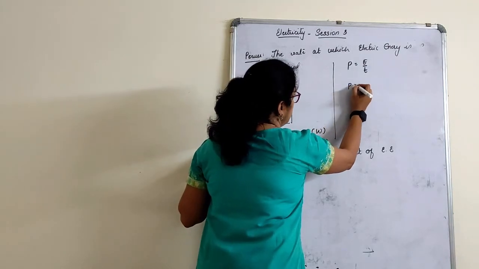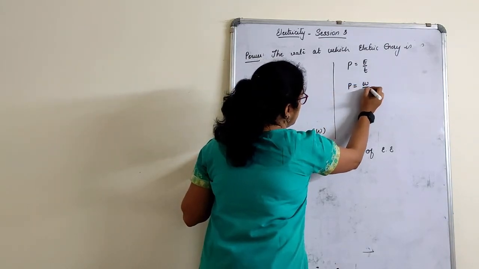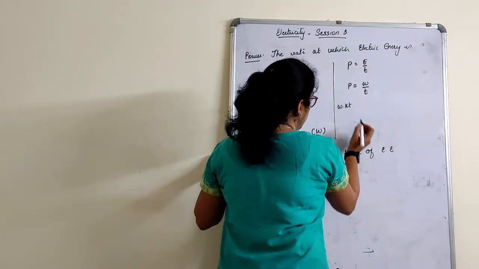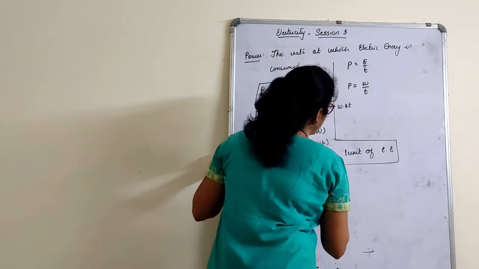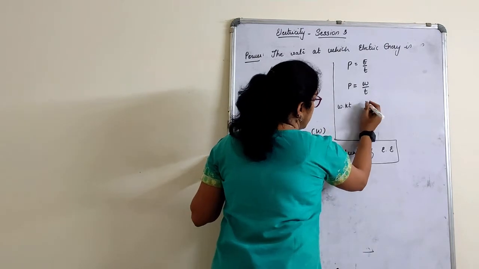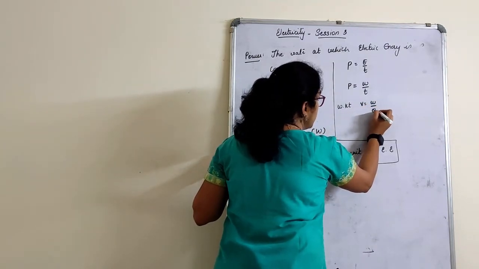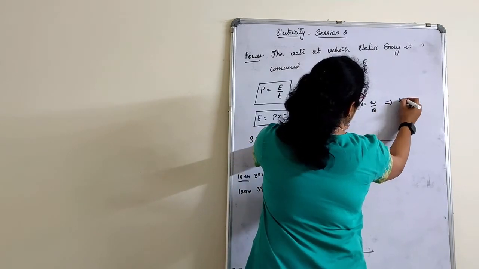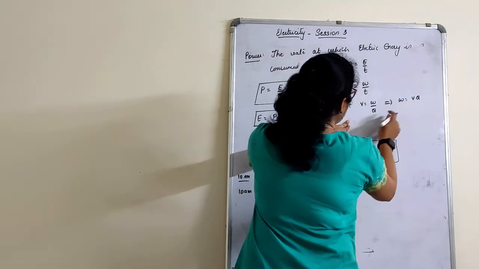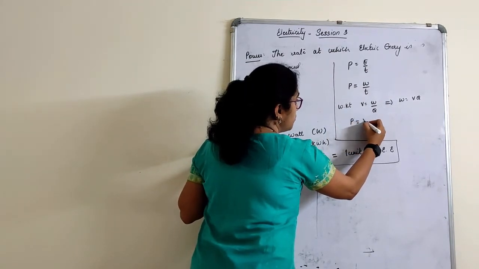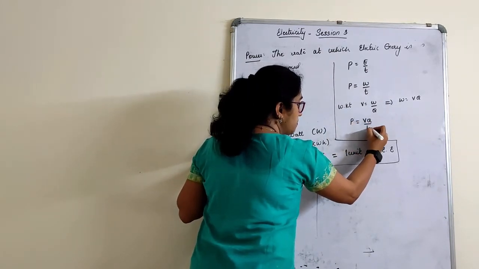So I will write P is equal to W by T. Where does the W formula come from, children? V is equal to W by Q. This implies W is equal to V into Q. So I will now write P is equal to, instead of W, V into Q by T.